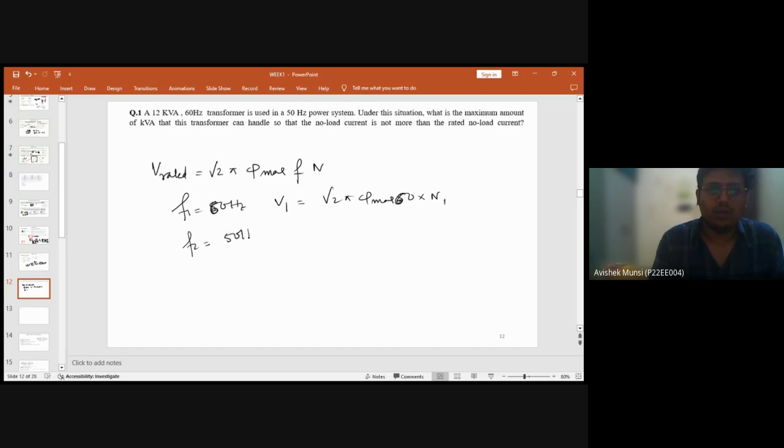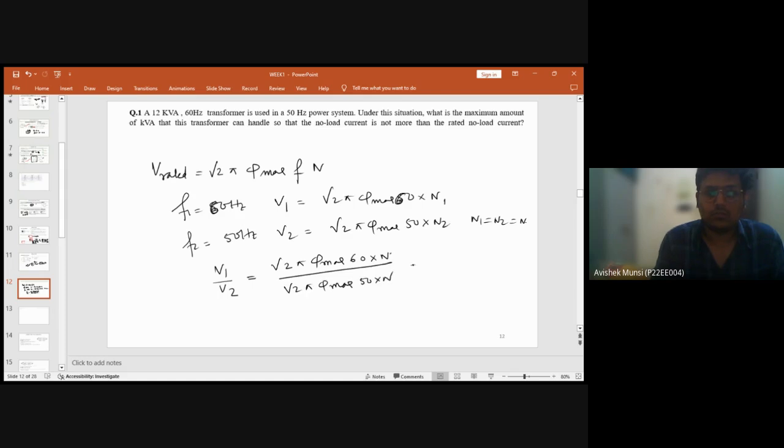So V2 is equal to root 2 pi phi max 50 into N. So here N1 equals N2 equals N. So V1 by V2 will be, if we cut it out, 6 by 5.